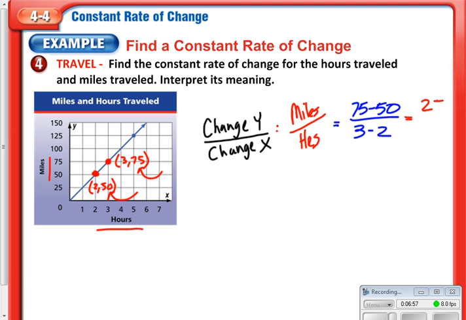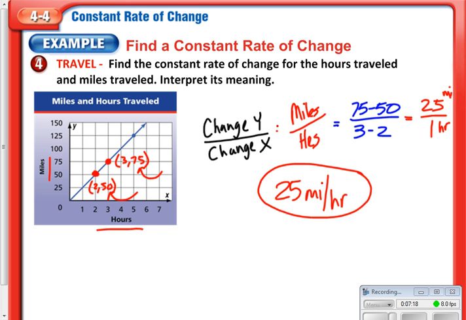I would get 25 over. 75 corresponds with 3, so 3 would be below 75, and then I wind up with 3 minus 2, giving me 1. Remember, the top part is talking miles, bottom is talking hours, so basically that's saying 25 miles per hour would be my constant rate of change.